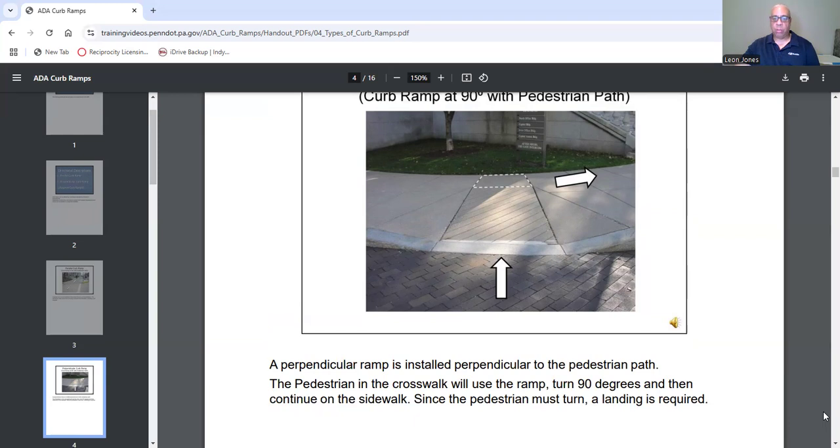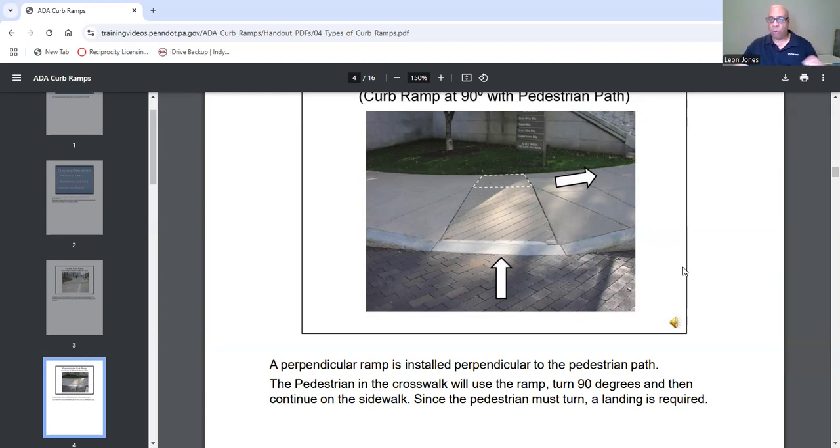Since the pedestrian must turn, a landing is required. Okay, this right here is what we would call a landing. You're coming here, you're turning, and you're going to come down, or you're going to go up, and you're going to turn.